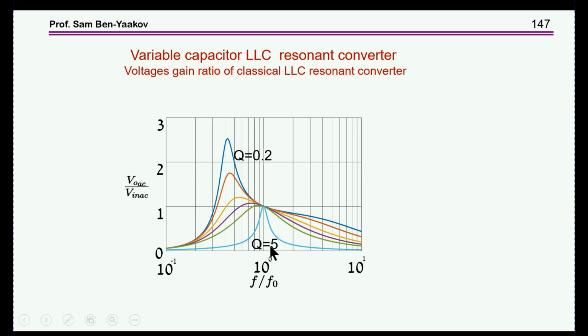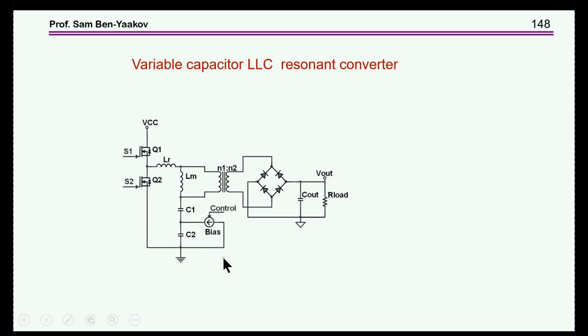But with the technique that I'm talking about, you don't have to change the frequency at all, because instead of the regular capacitor, I can put a voltage-dependent capacitor, this ceramic capacitor, and bias it to get the value that I need in order to regulate the output.